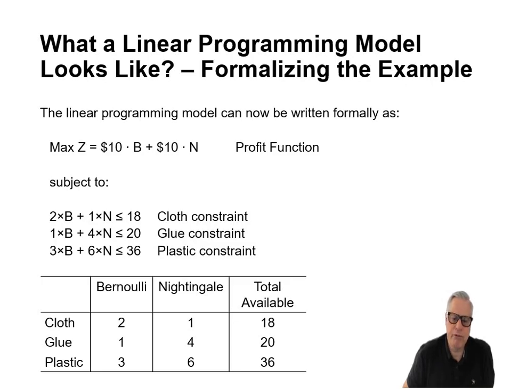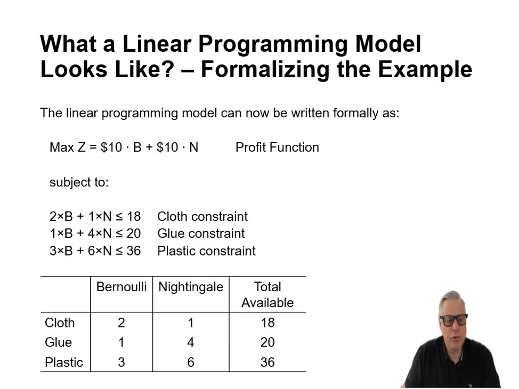So if b were, for example, 3, then we would use up 6 units of cloth, and if we produced 12n, then we would exactly meet that requirement. So if we produce, for example, 3 Bernoullis, we use up 6 units of cloth for the Bernoullis, and if we produce 12 units of Nightingales, we use up an additional 12 units of cloth for the Nightingales. And the same for the glue constraint and the plastic constraint.